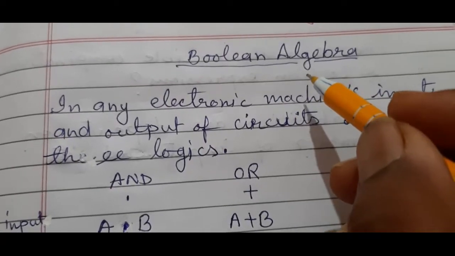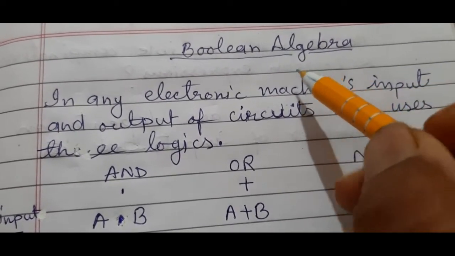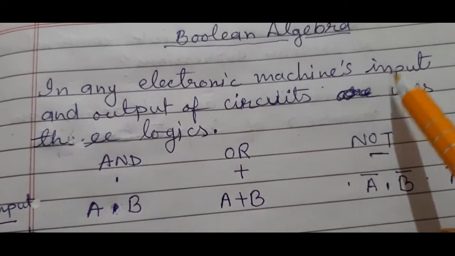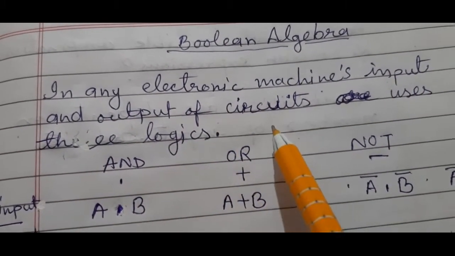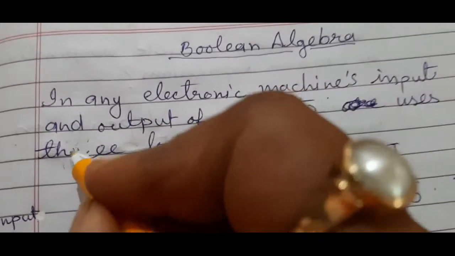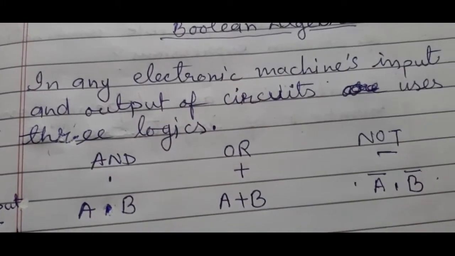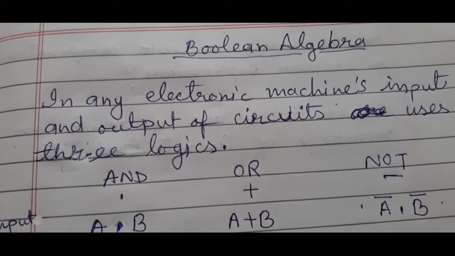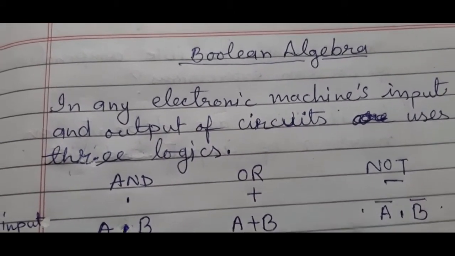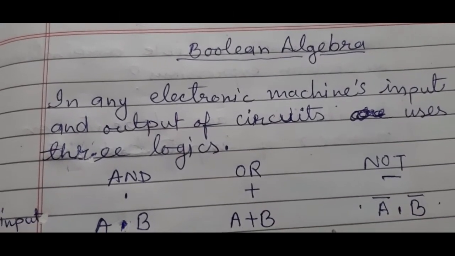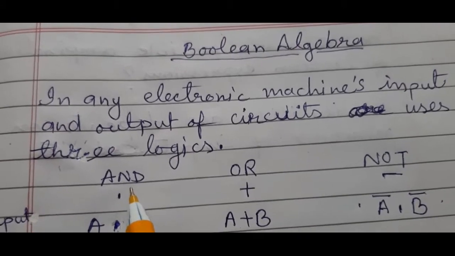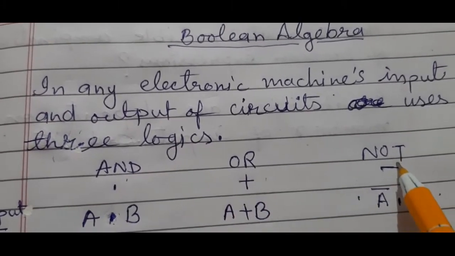Our today's topic is Boolean algebra. In any electronic machines, the input and output circuits use three logics. Okay, any electronic machine uses some logics for their input and output circuits, and those logics are of three types: AND, OR, NOT.